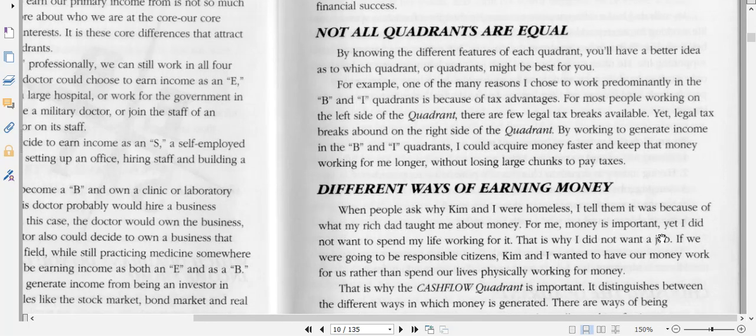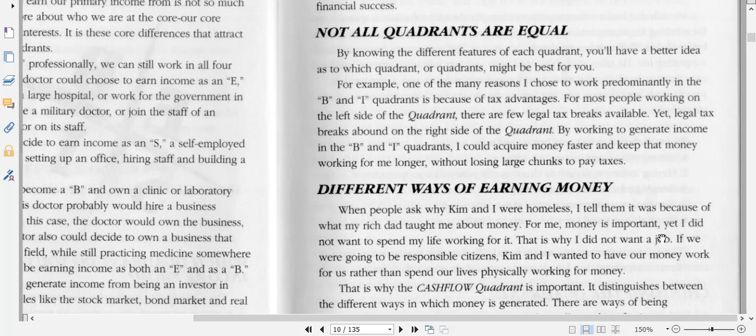By knowing the different features of each quadrant, you will have a better idea as to which quadrant or quadrants might be best for you. For example, one of the many reasons I choose to work predominantly in the business and investment quadrant is because of tax advantage.